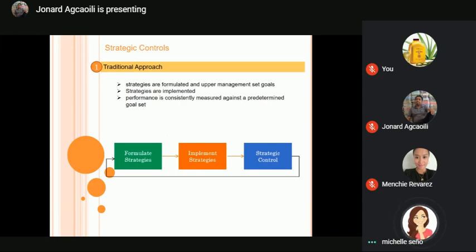Ito po sa diagram, ito po yung pinakang process. Strategies are formulated by the upper management set goals. Then strategies are implemented. Then strategic control, yung na-measure na po ba kung yung na-formulate na strategies is well implemented po.